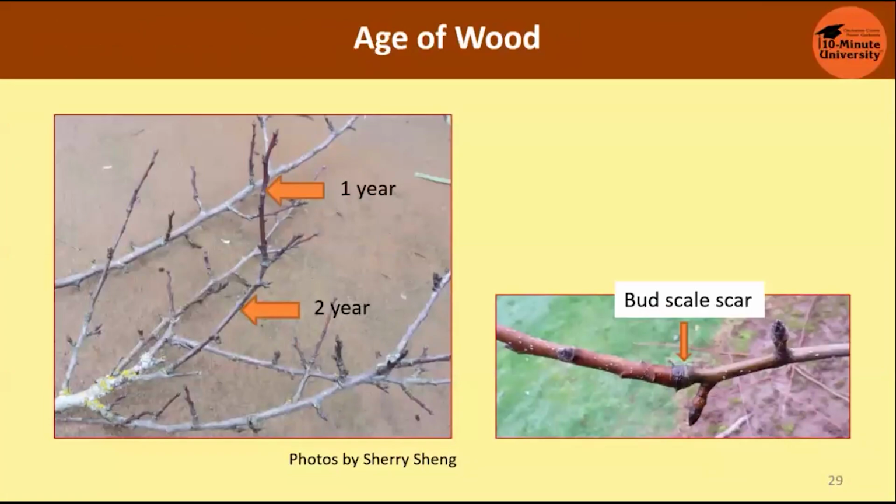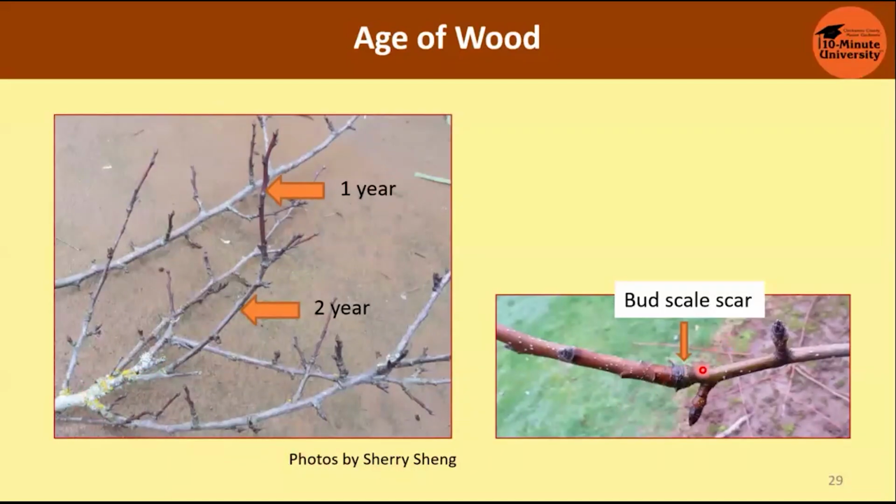Now that we know what fruiting wood and spurs look like, let's take a look at how we age wood. 1 year old, that's last year's growth. 2 year old, the previous year, 3 and 4 year old.